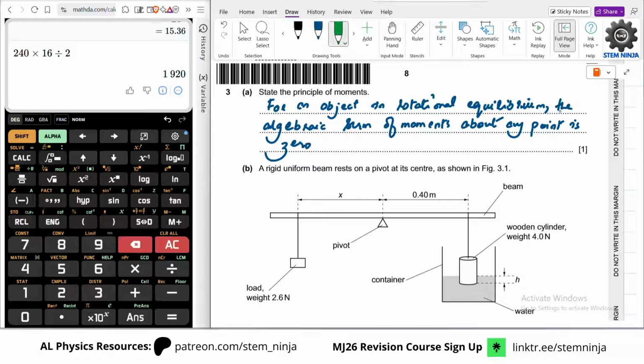You can also say for an object in rotational equilibrium, the clockwise moments about any point is equal to the anti-clockwise moments about the same point.